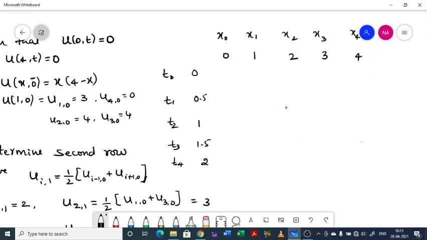Here you will be getting 0 3 4 3 0. See, first and last columns are 0, right? 0 0 0 0. First column is 0. Last column is 0.